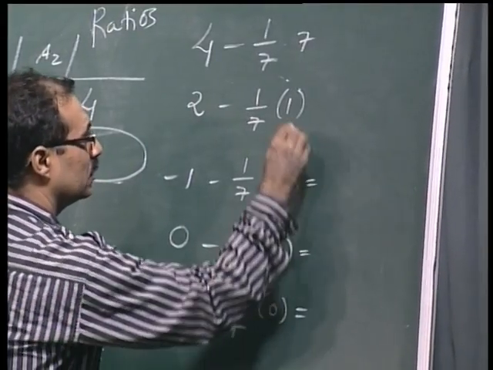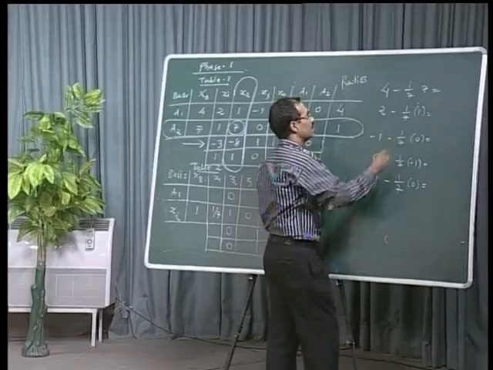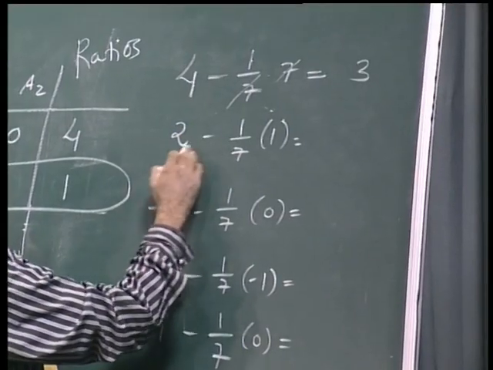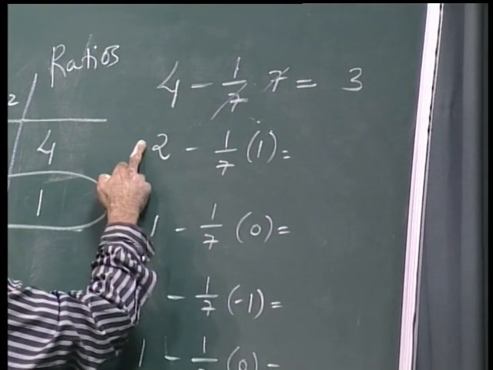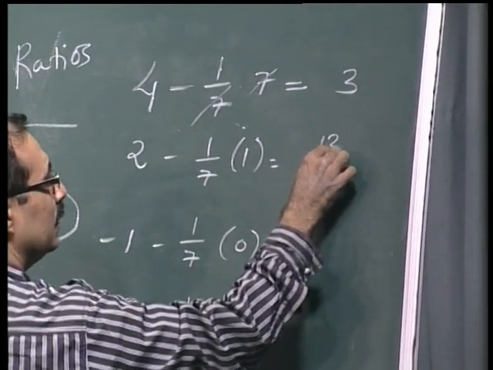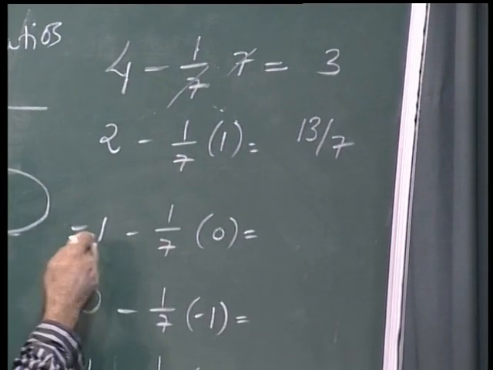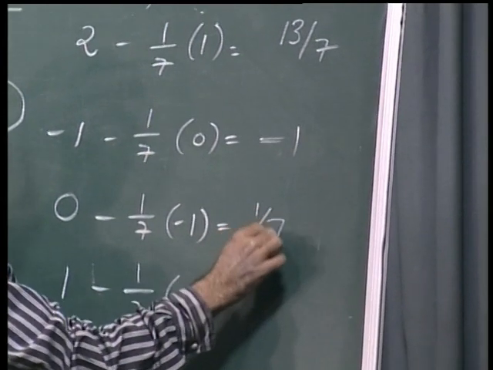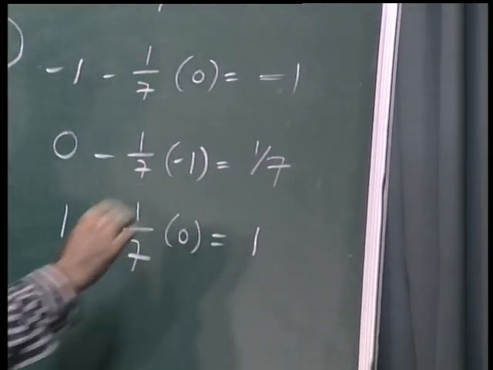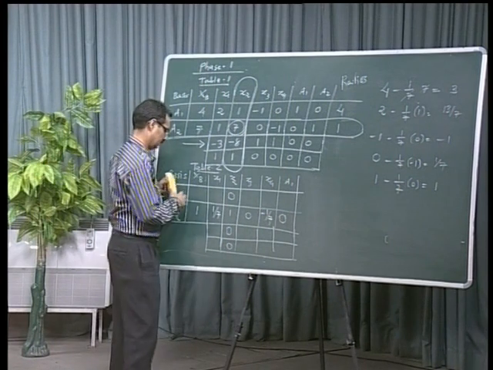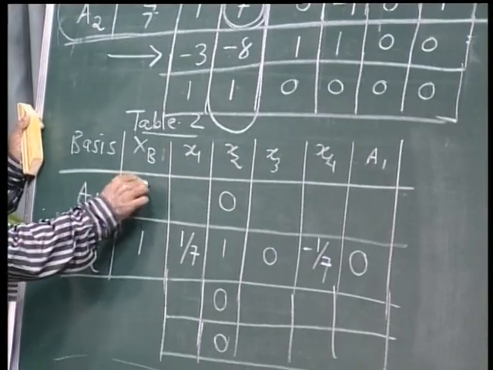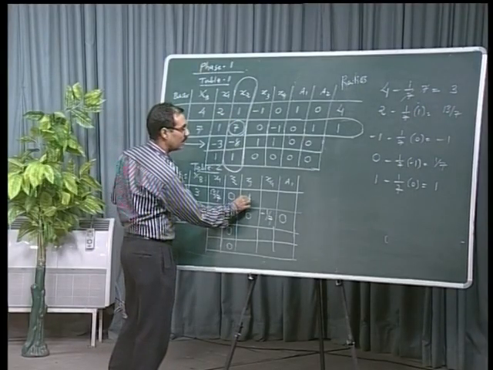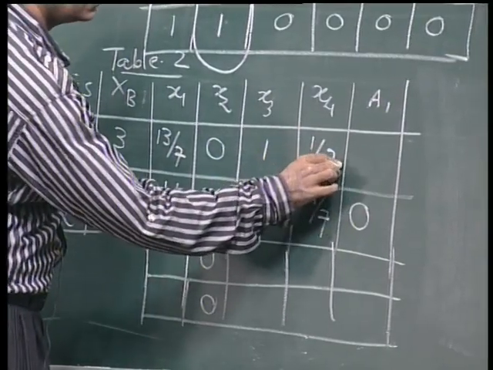If you calculate them out, what shall we have? 4 minus 1 is 3, this is 2 minus 1 by 7. So, 7 into 2 14 minus 1. So, it is 13 by 7, this is 0 anyway. So, minus 1, this is 1 by 7 and this is 1. So, the new entries in the first row are 3, 13 by 7, then 1, 1 by 7 and 1.